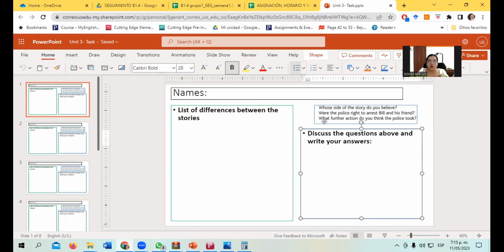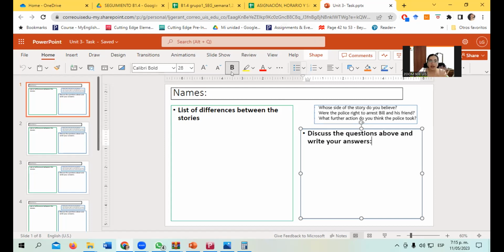The second question, were the police right to arrest Bill and his friend? ¿Estuvo bien que la policía arrestara a Billy y su amigo? And number 3 is, what further action, ¿qué otra acción, do you think the police took against Frank or Bill? ¿Qué otra acción creen que tomó la policía en esa situación?